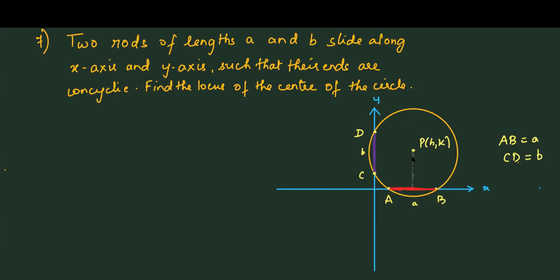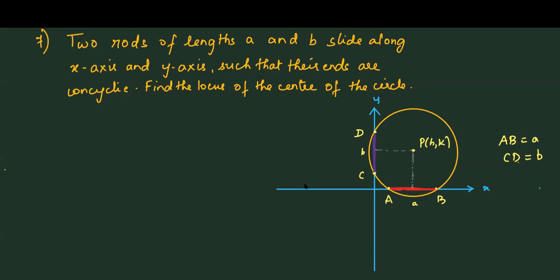If we drop a perpendicular onto the chord, this perpendicular will bisect AB. This is the geometrical property from your high school: the perpendicular from the center to any chord bisects the chord at the midpoint. Similarly, I drop a perpendicular from the center onto CD, and it will hit the midpoint.